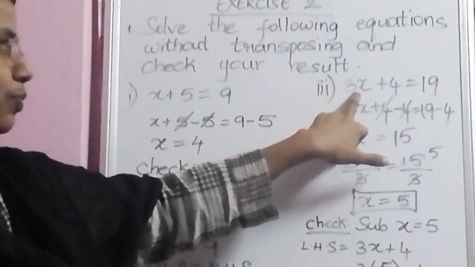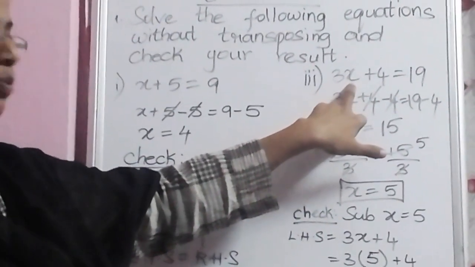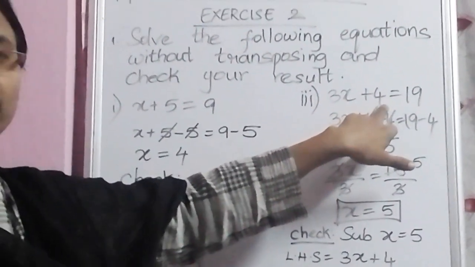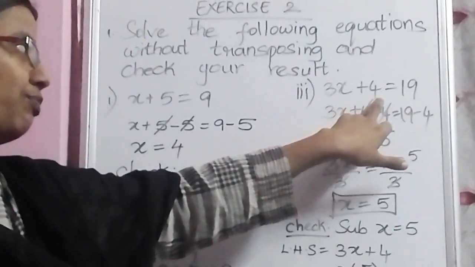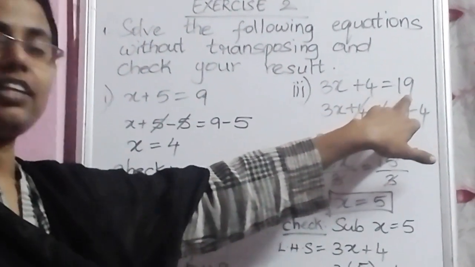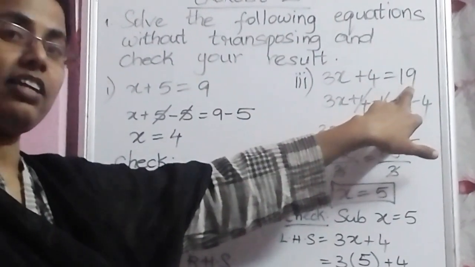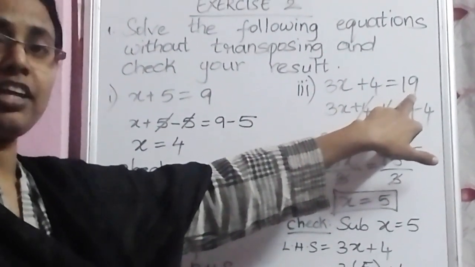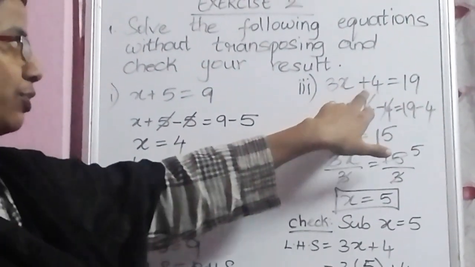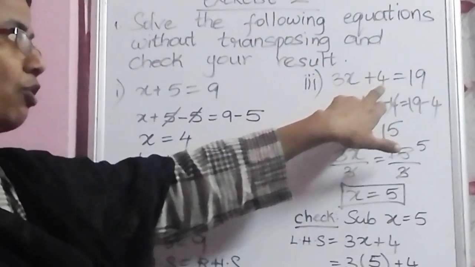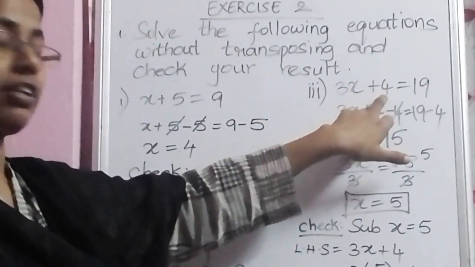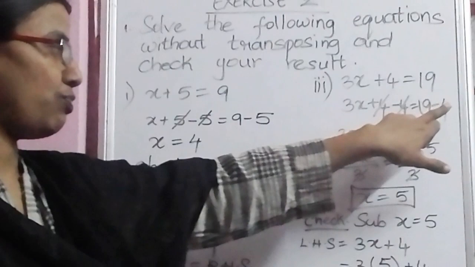Same thing here. See here. This is you. 3x is you, and this 4 is your neighbor who is sitting beside you, your friend. And the other side is the next bench which is in the next row. What are you going to do? You are going to send off this neighbor. You are going to subtract 4 on both the sides.